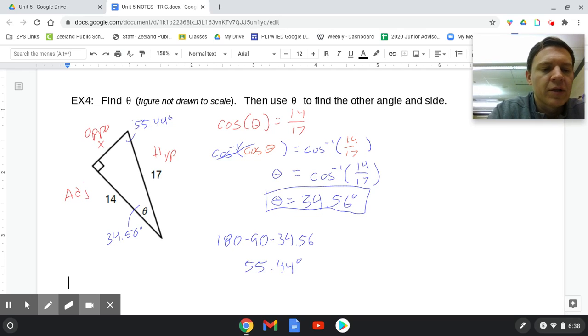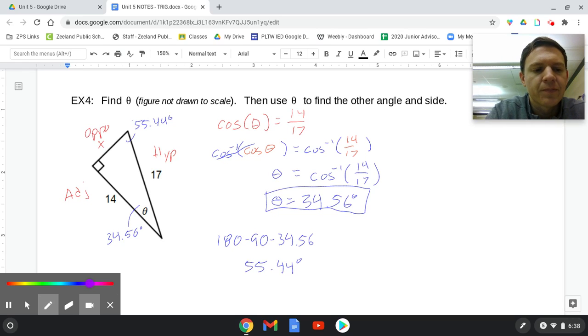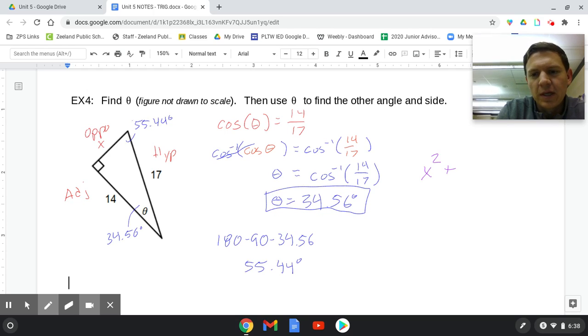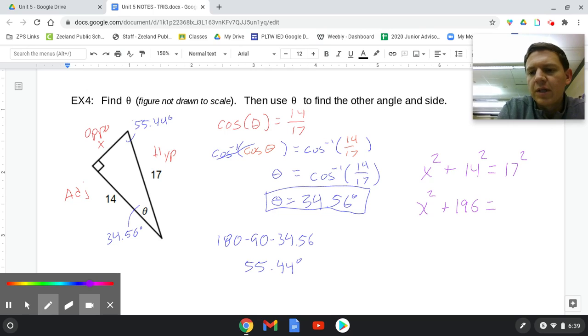Again, we can throw down a Pythagorean theorem for that. I'll switch to purple for this. So a squared plus b squared equals c squared. Leg squared, we don't know that leg, plus leg squared equals hypotenuse squared. If I square 14, I get 196. If I square 17, I get 289.